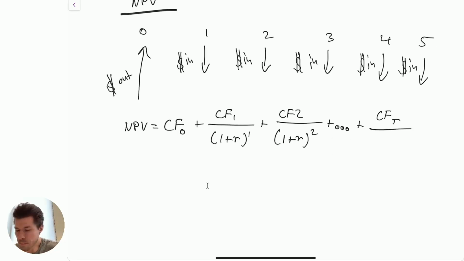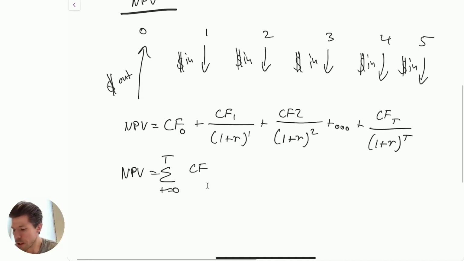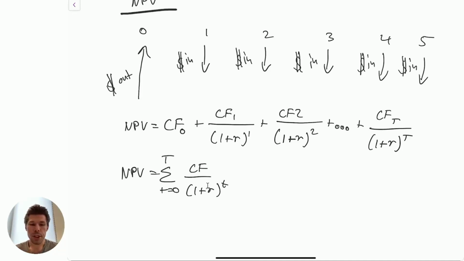In mathematical terms, if you want to consolidate, it equals the sum from T equals 0 of CF over 1 plus R to the power of T, which includes every single one.